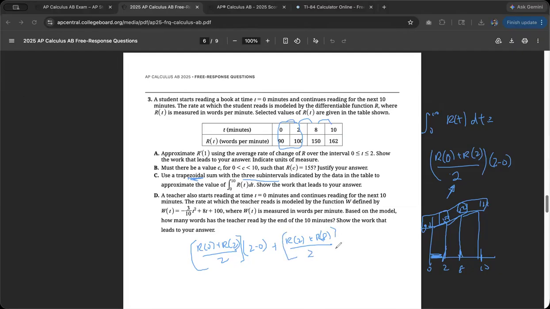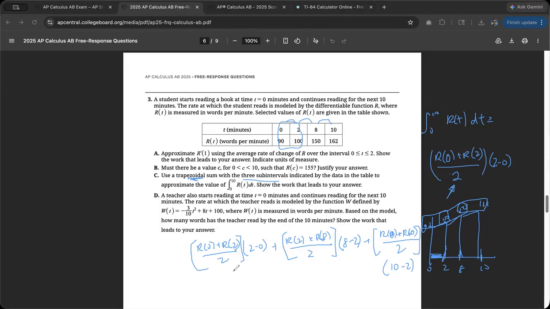That's trapezoid times 8 minus 2. And then r of 8 plus r of 10, sorry, over that 2 and multiply that by 10 minus 2.